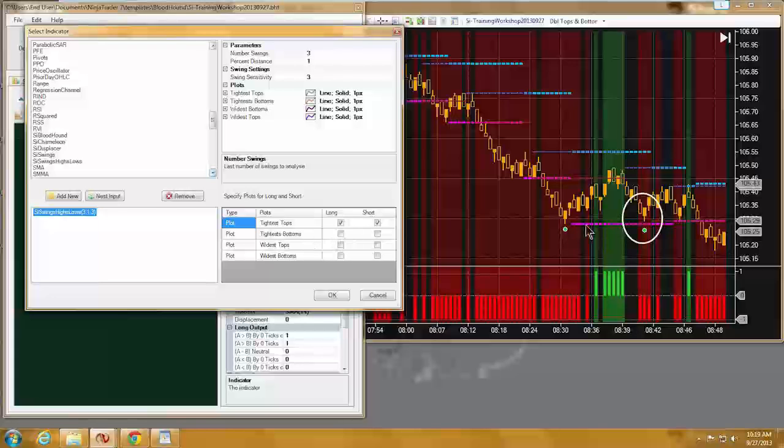So let me set this up and I'll show you how I modified my swings highs lows indicator. For the plots that we're going to be analyzing here, in this double bottom area we're looking for the low price to be in proximity to the thicker magenta plot, which is the widest bottoms. And the lighter blue color that's a little thicker is the widest tops plot.